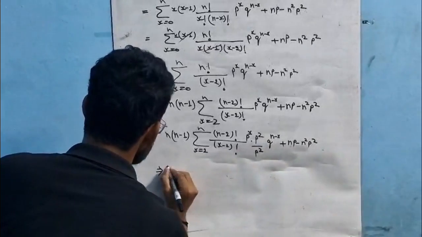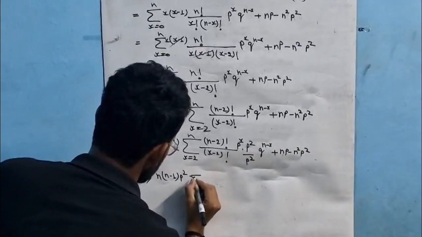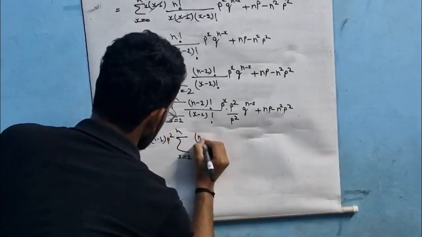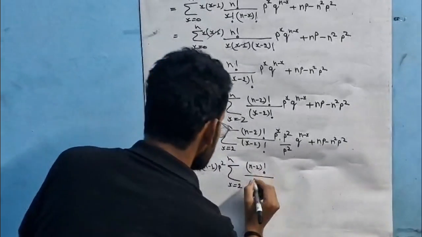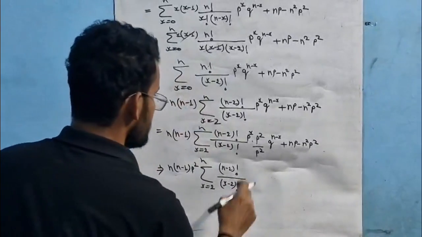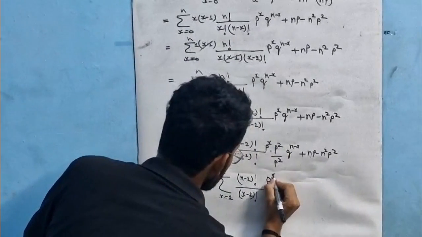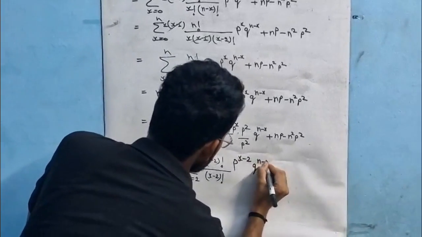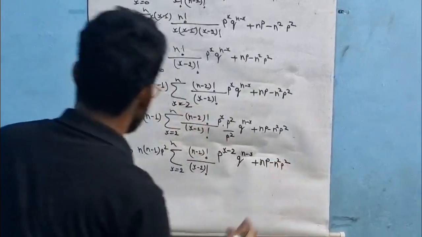The expression becomes n into n minus 1 into p square, summation x equal to 2 to n, n minus 2 factorial divided by x minus 2 factorial n minus x factorial, p raised to the power x minus 2, q raised to the power n minus x, plus np minus n square p square.